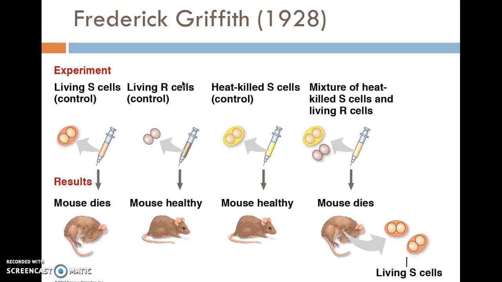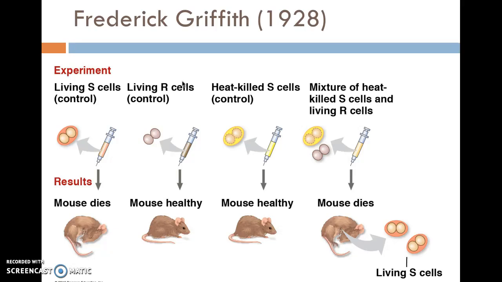There are two different strains of the bacteria that causes pneumonia. One of the strains, the S strain, is the serious strain. It is pathogenic and causes pneumonia, so when he injected the S strain into the mouse, it got pneumonia and died.